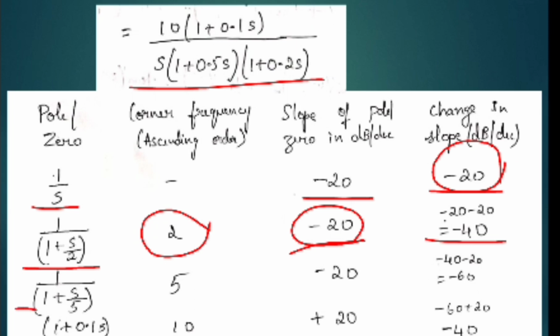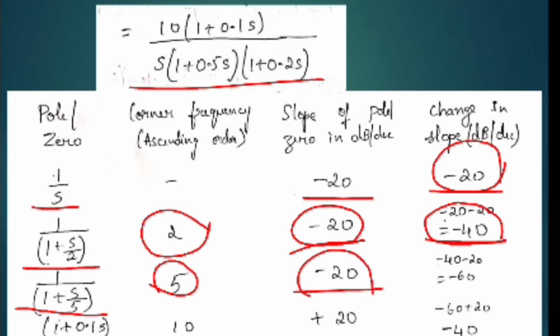Going with the next pole, that is 1 divided by (1 plus s by 5), the corner frequency will remain 5. And then the slope is minus 20 decibel per decade. So already we had minus 40 decibel per decade slope, and now 20 decibel is getting added up. So totally we have minus 60 decibel per decade.